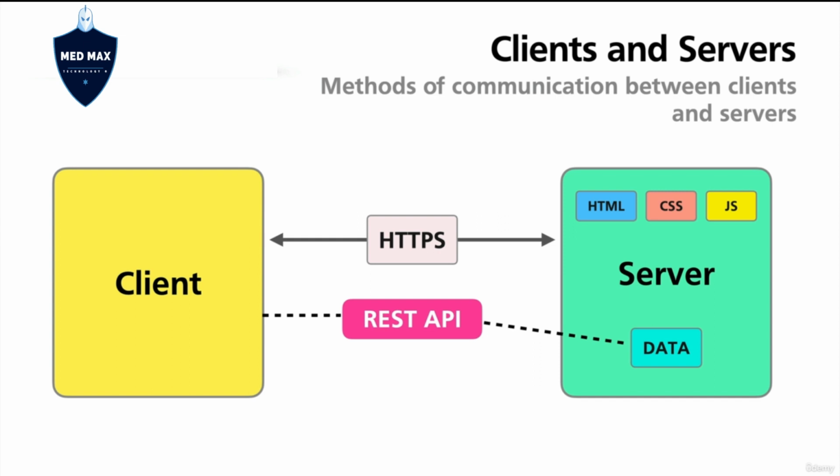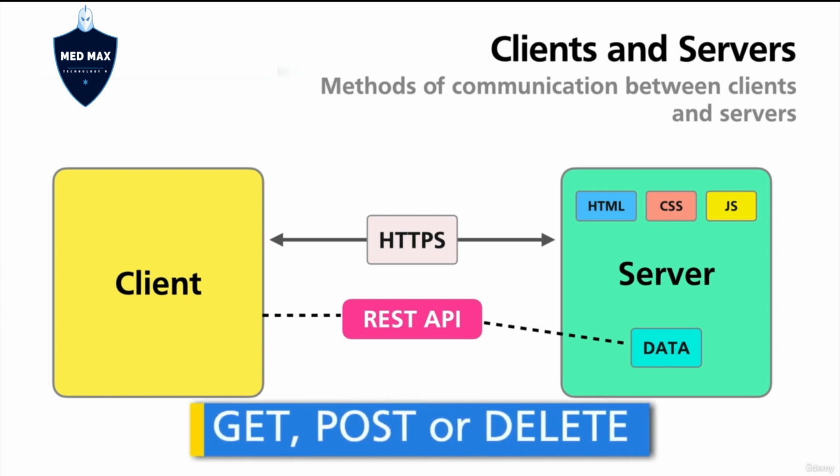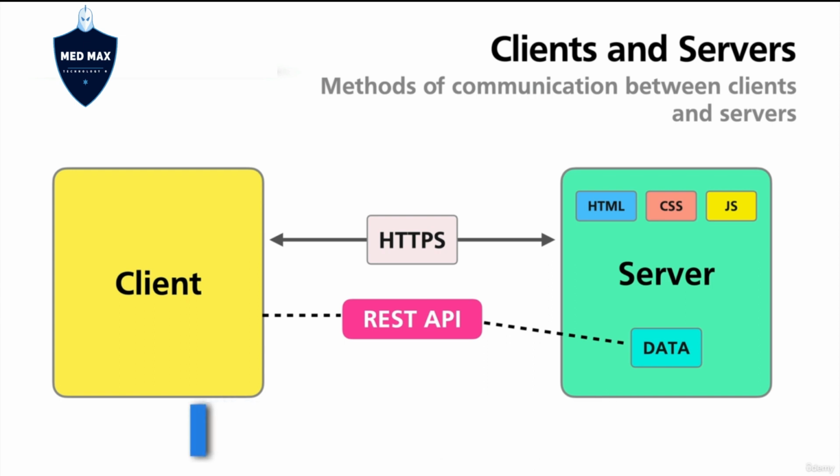In a REST API, the server exposes multiple endpoints with different methods enabled for them, such as get, post, or delete. And clients send requests to those different endpoints, depending on the data they want to retrieve or modify or delete at the server side.